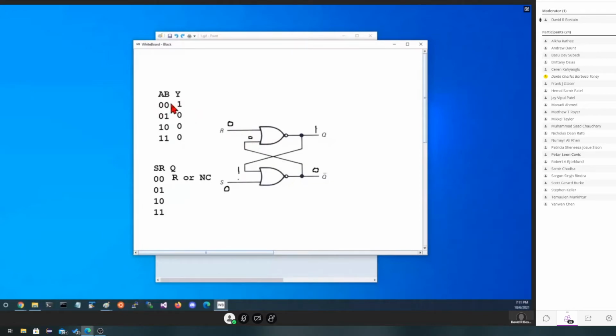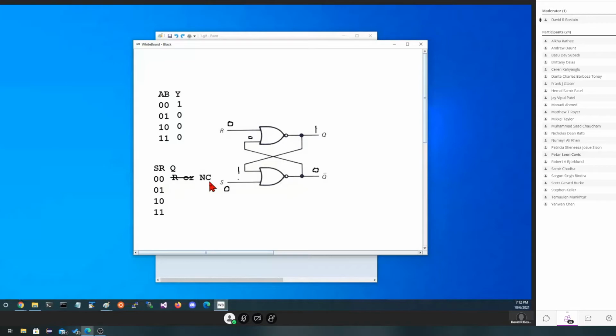So anything else has a 0, and this becomes stable. Because in the 2 cases where these were zeros, Q didn't do anything other than keep its value. We can say that this does not equal Q, it does not equal R, it equals no change. So if S and R are 0, 0, we have no change in the output.